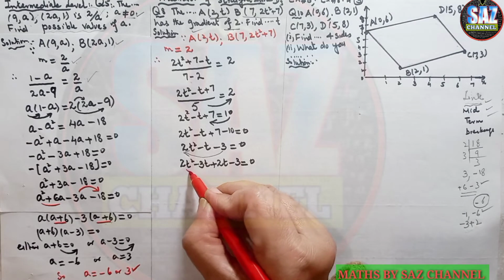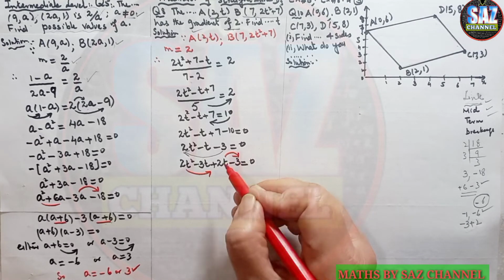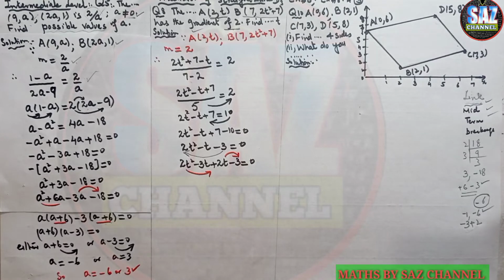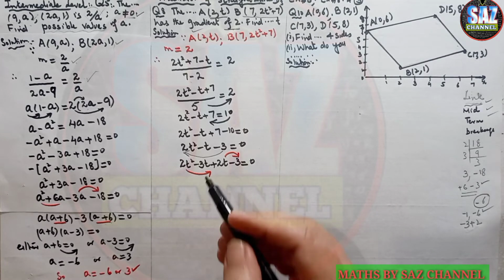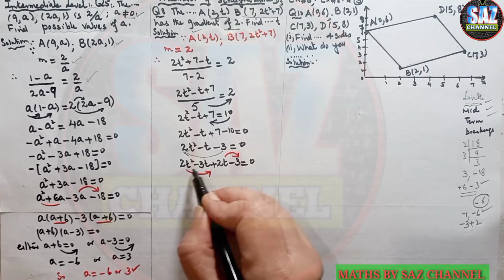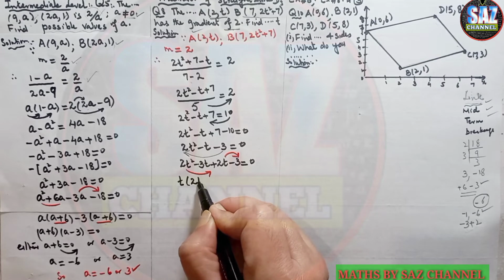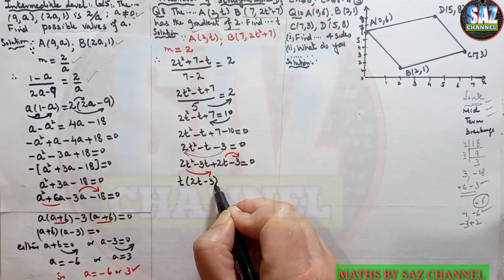If chapter 3 is clear, then many next concepts will be clear to you. From each group you have to extract, pull out some common number or letter. Like from the first group I can extract t out, and inside the bracket I will be left with 2t minus 3.